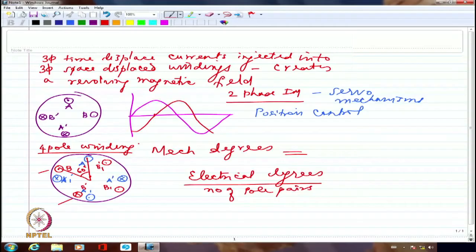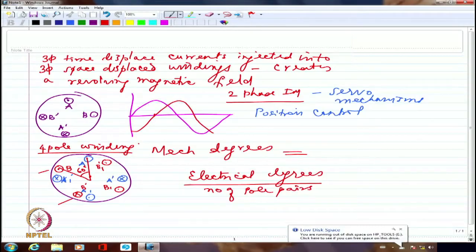So what I am trying to do is compress one cycle of the electrical oscillation into half rotation. Previously one period of electrical oscillation was also equal to one period of the mechanical rotation. Now I have just made it half because I have put 4 pole instead of 2 pole.